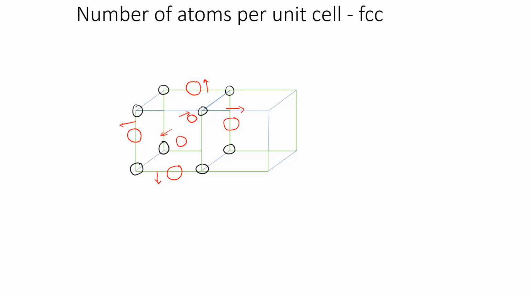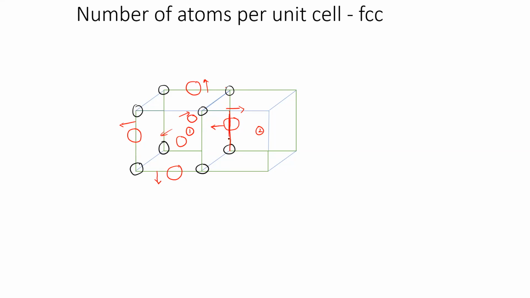So each and every unit cell contribution. Say for example, if I'm comparing this first unit cell and second unit cell, the corner atom contribution is 1 by 8, because it is shared with 8 other unit cells. But face-centered atom sharing is 1/2.